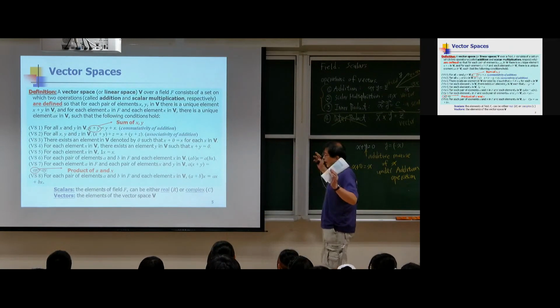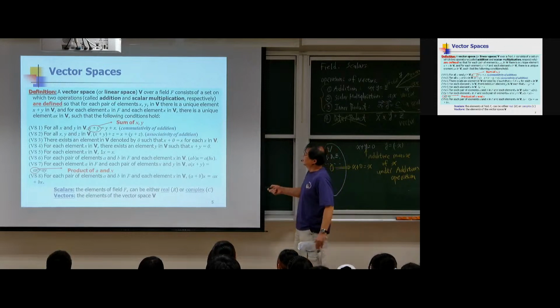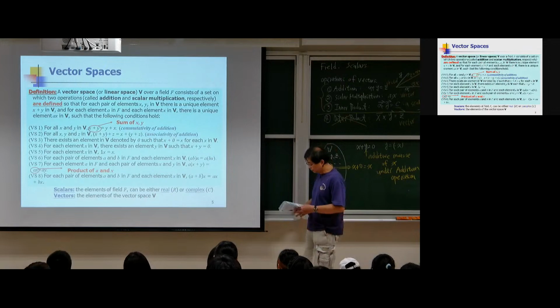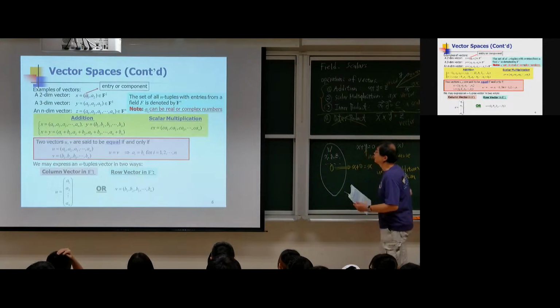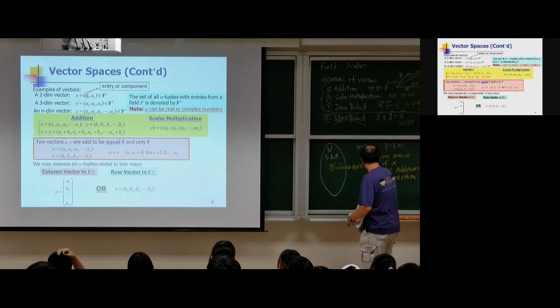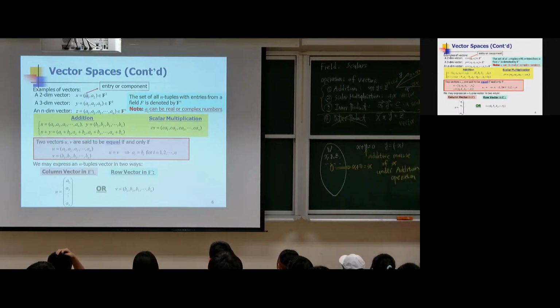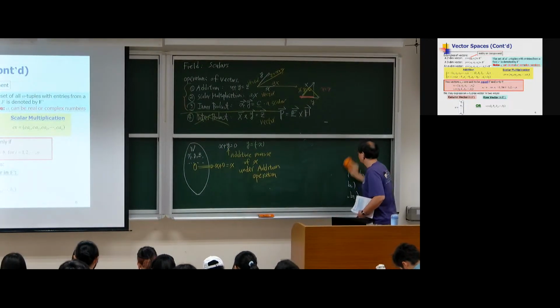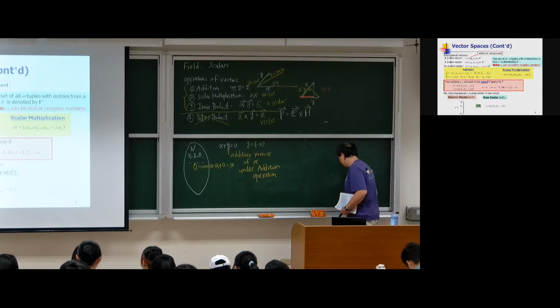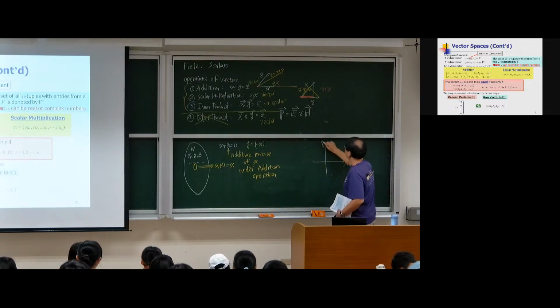So with these properties, it forms a linear space, or we call it a vector space. Right now, we are going to give some examples. For two dimensions, we have the plane coordinates, the two-dimensional coordinates, with the x-axis and y-axis.